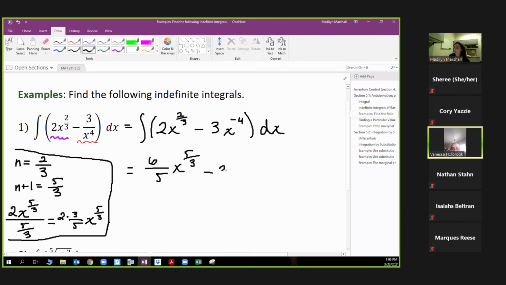Three x to the -3rd over a -3. Right, exactly. So on that one, our power is not a fraction, so we can just add 1 to it. -4 plus 1 is -3, and divide by that, and the plus c.